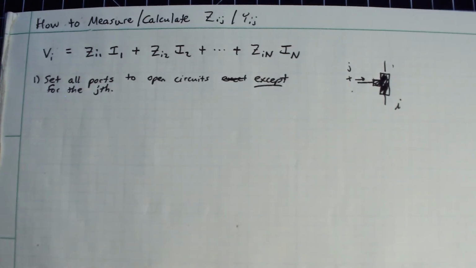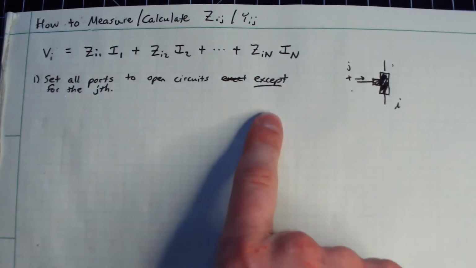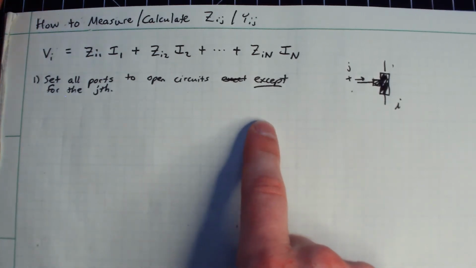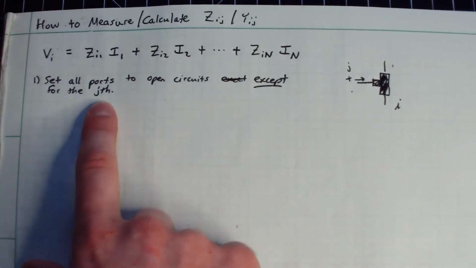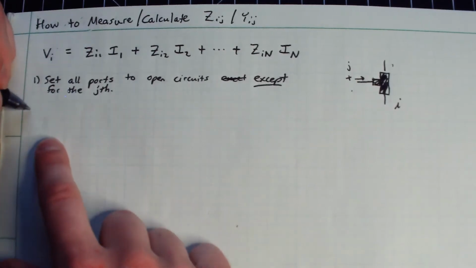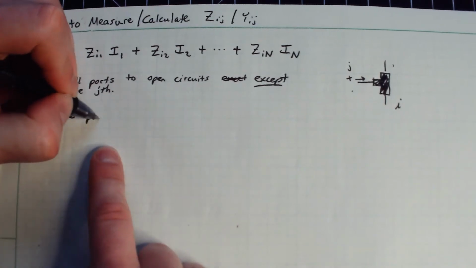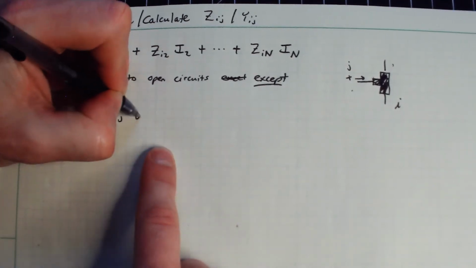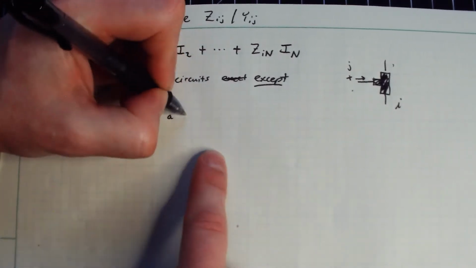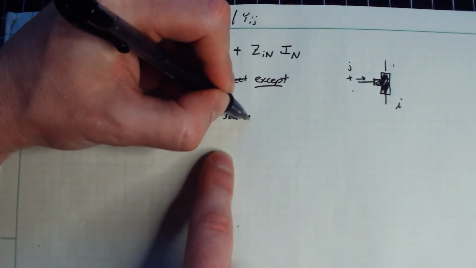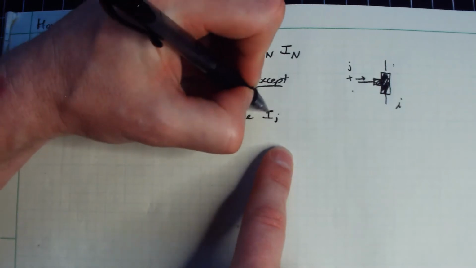Then, step 2, excite port j with a current source, I sub j.